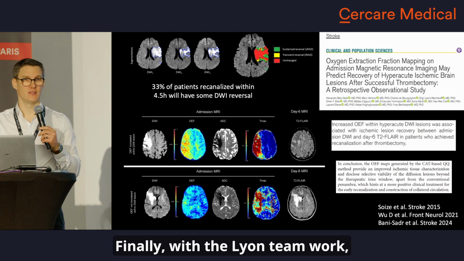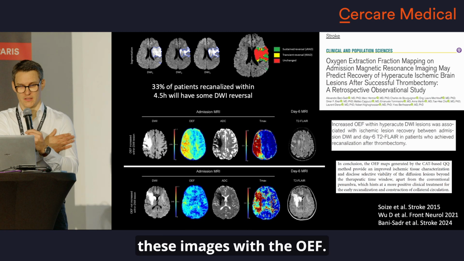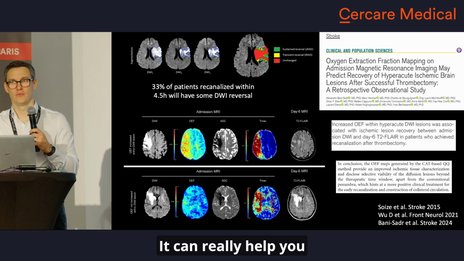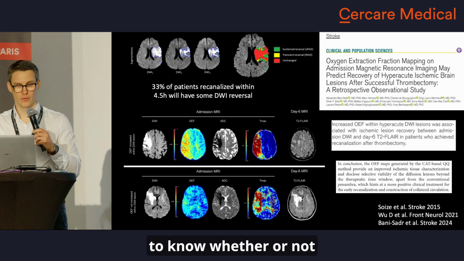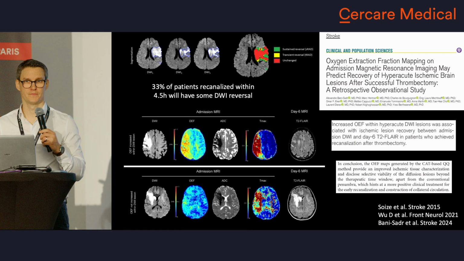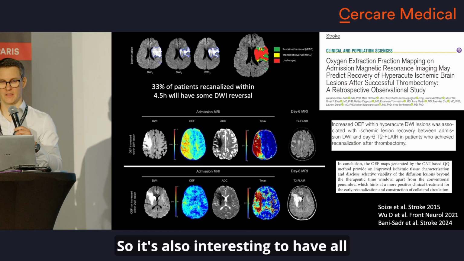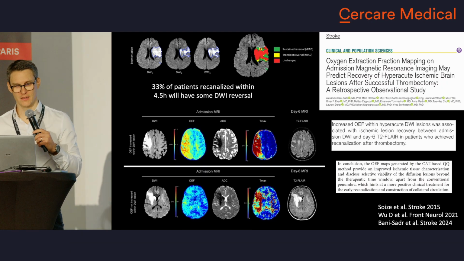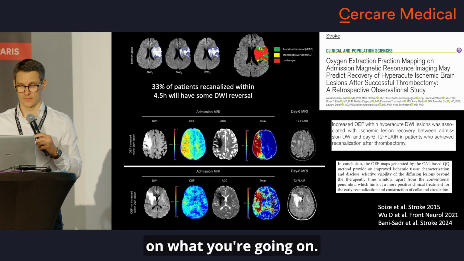Finally, with the Lyon team work, you've already seen these images. With the OEF, it can really help you to know whether or not some diffusion will reverse. So it's also interesting to have all these parameters before doing the thrombectomy, so you know exactly what you're going into.